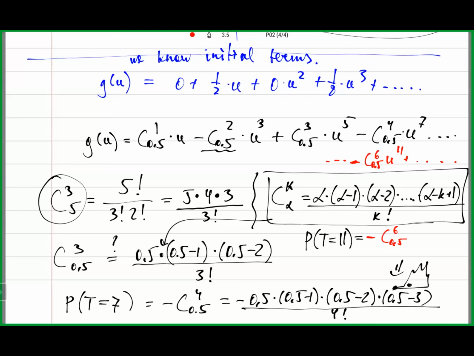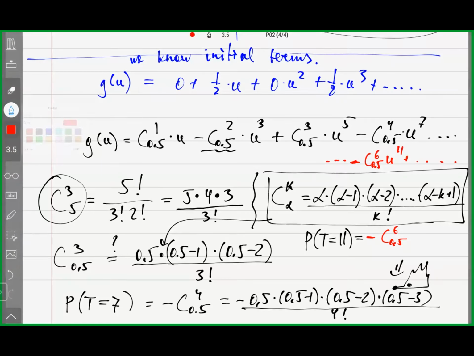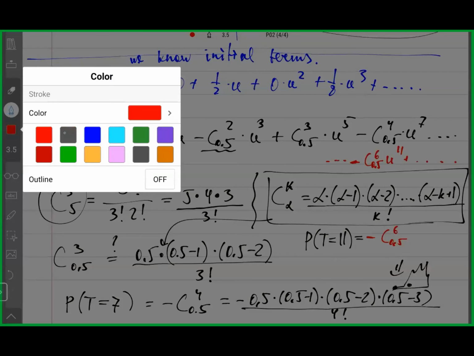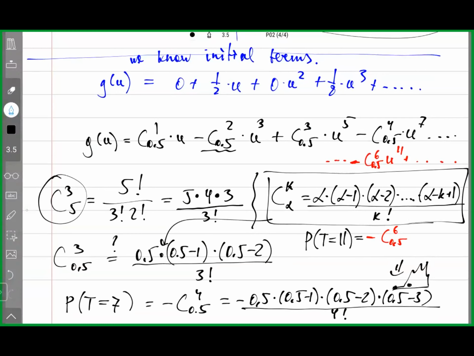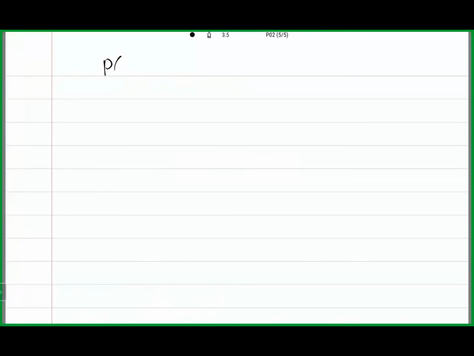So, for example, let's calculate in maybe a more common way. Let's calculate the probability that t is equal to 123.